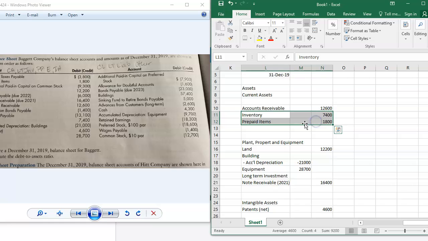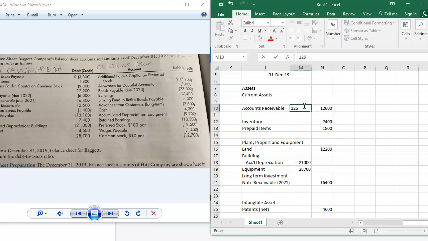So I'm going to move these two down. I'm going to move this over to here. And I'm going to say minus the allowance for doubtful accounts. I'm abbreviating, sorry. So minus 1,600. It's a contra asset account.